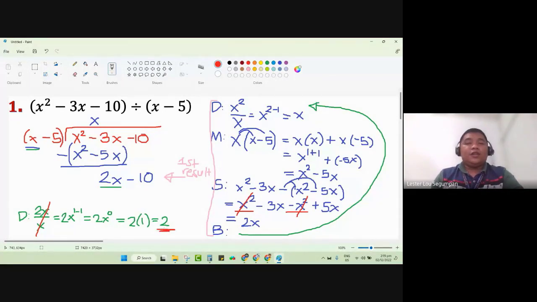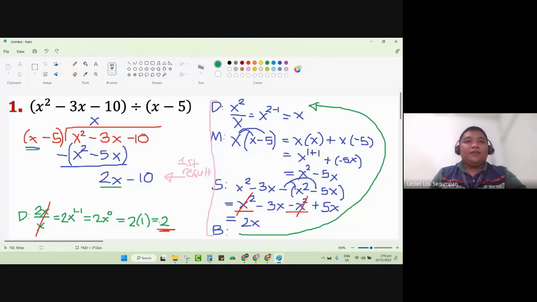So this is your second quotient. The second quotient will be placed here, but it's not enough to say I'm going to place 2 here, or worse, you're going to place 2 as an exponent. That's incorrect. What you need to do is to consider the sign of this. This is positive 2.